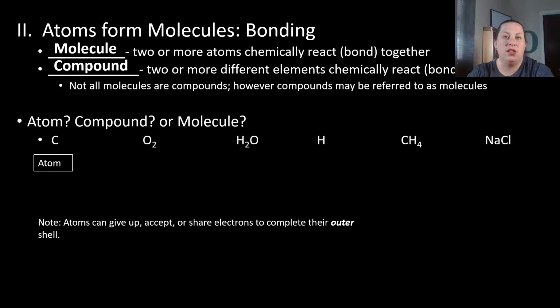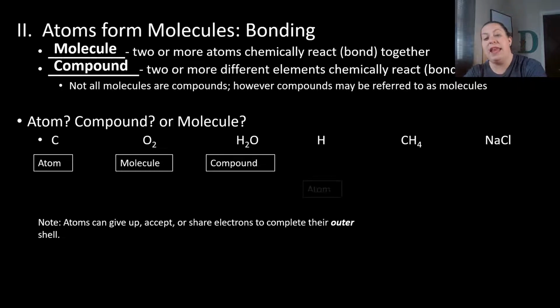We call it an oxygen molecule. I have two things bonded together, but they're not different. They're two oxygens, so this is a molecule. What about H2O? I've got two hydrogens and one oxygen. This is known as a compound. You could also call it a molecule. What about H by itself? H by itself would be an atom.